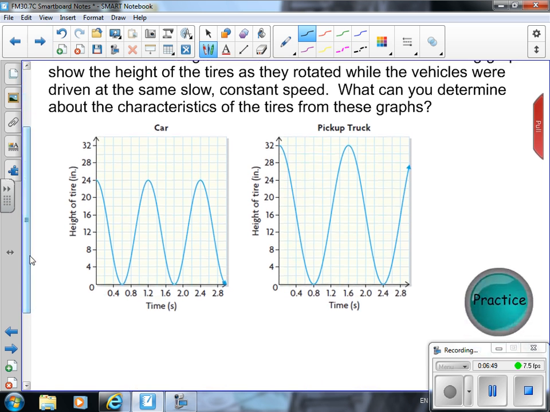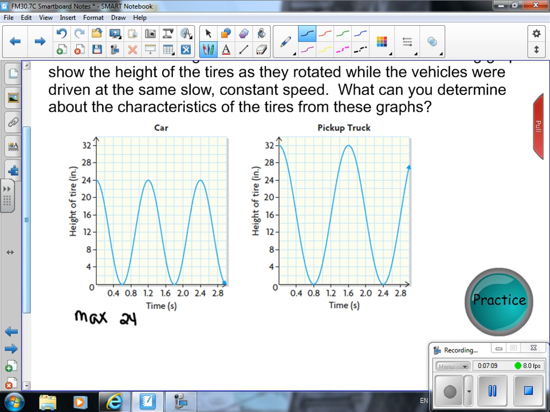Our x-axis for both graphs is time, so they're just measuring how long it takes. And then the y-axis is the height of the tire in inches. They would have used that chalk mark to measure this. So we can see that for the car, the max height is 24.